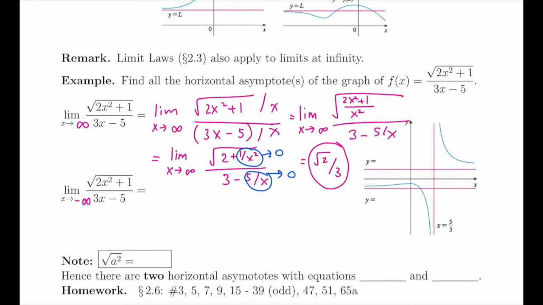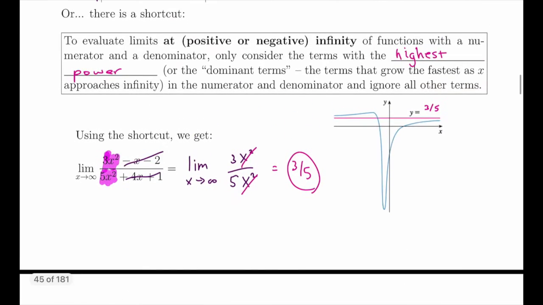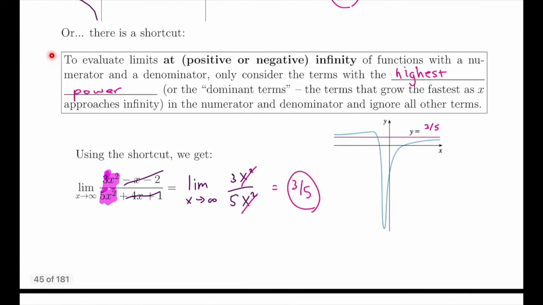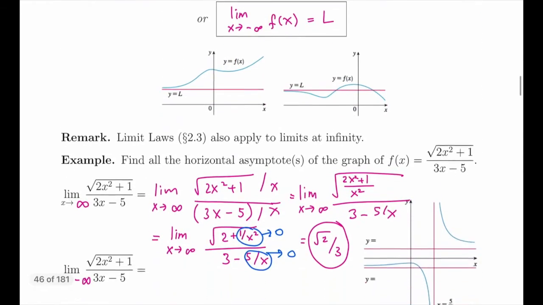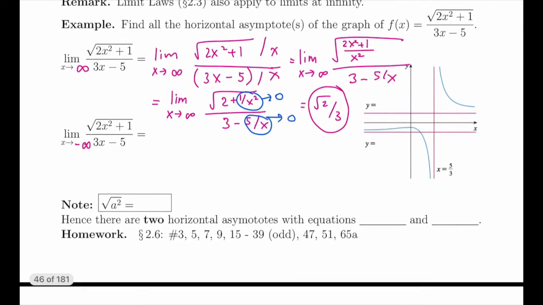Now I'm going to use that shortcut, which is here. Just take the dominant terms in the numerator and denominator only, ignore all the other terms, and then evaluate that limit. The dominant term in the numerator, in other words, the term with the highest power in the numerator, is this thing.